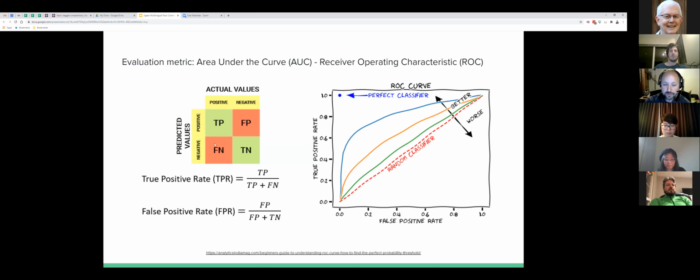In modifying the threshold, the number of true positives and true negatives is going to change, which in turn modifies your true positive rate and your false positive rate as well. If you were to graph the various false positive rates and true positive rates, and modify this threshold, you would see the number of true positives maybe increase as the threshold gets to a better point.